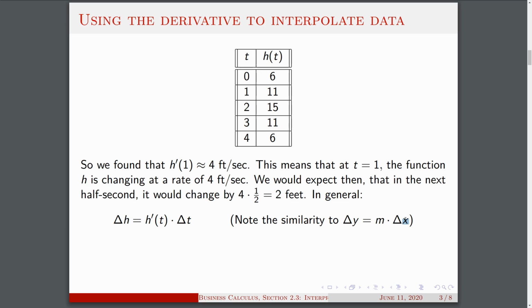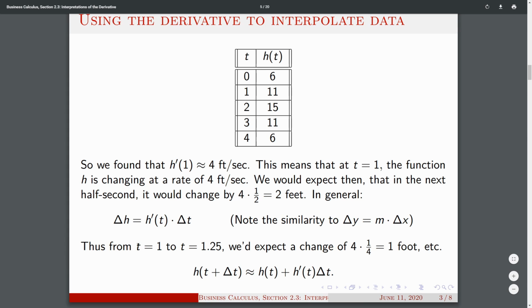If this doesn't look like the slope formula, I've just multiplied both sides by delta x, or change in x. Slope equals delta y over delta x. When you multiply by delta x, you get this. So here the derivative is the slope, and delta t is like our x value.